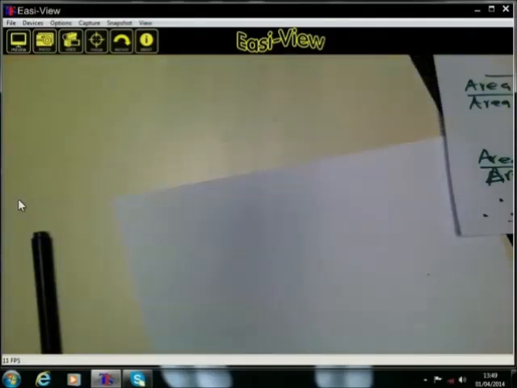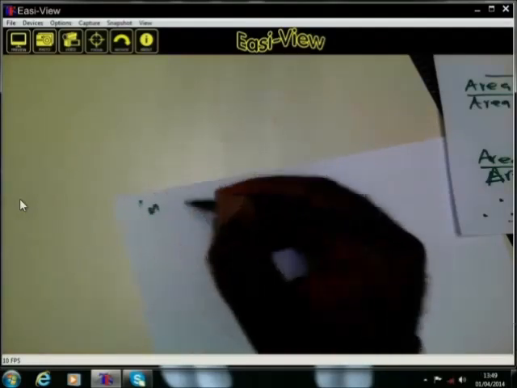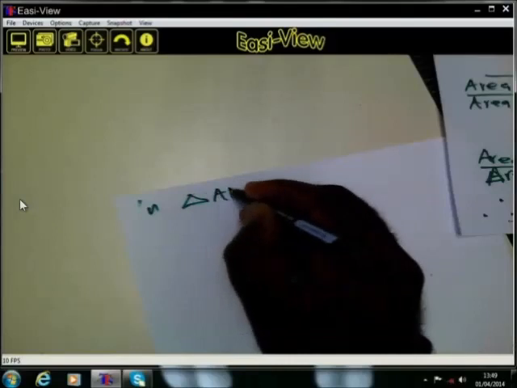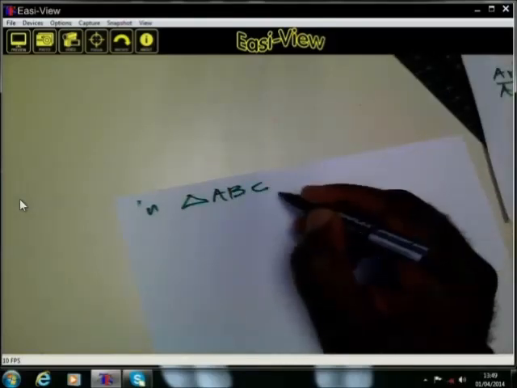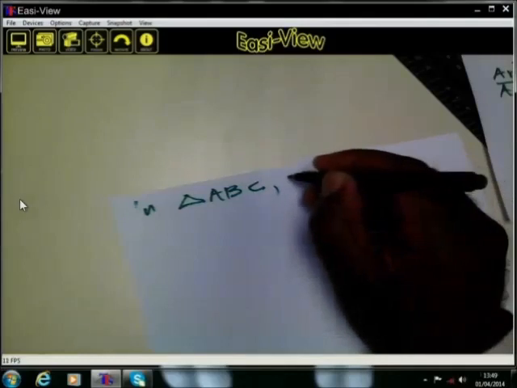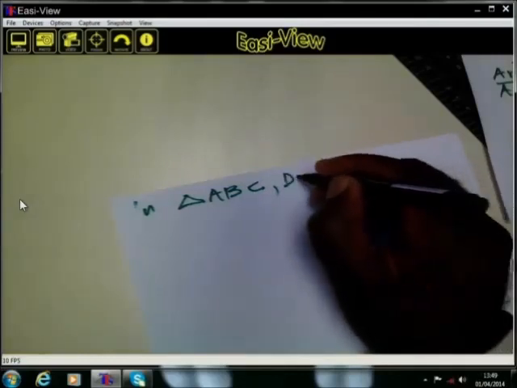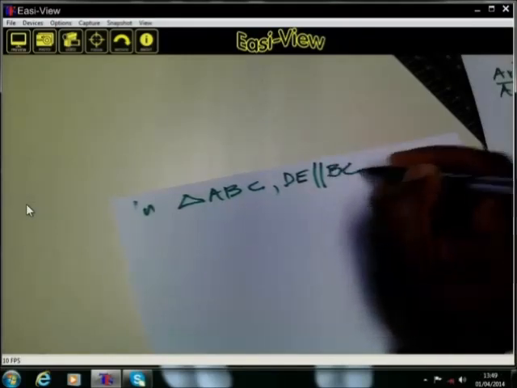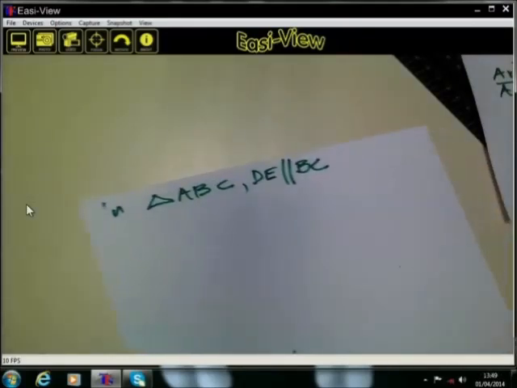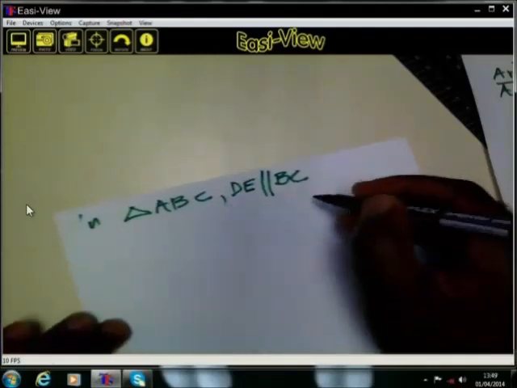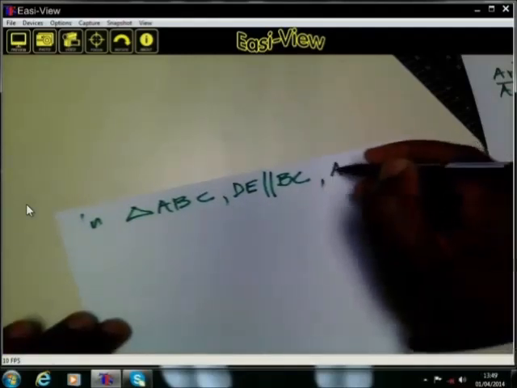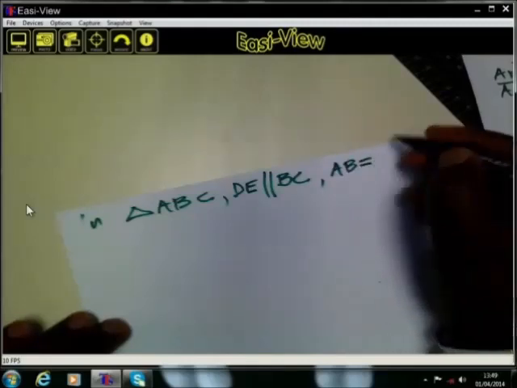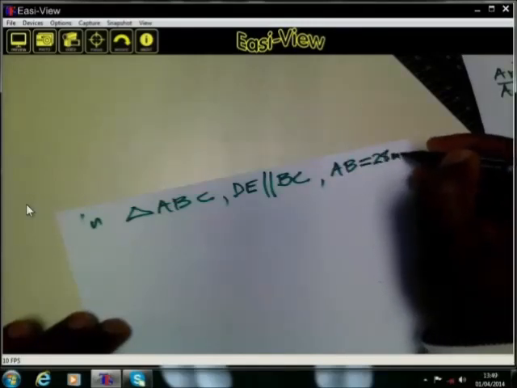Maybe I must quickly write it down. It says, in triangle ABC, you have line side DE, which is parallel to side BC. And in this case, we have side AB equal to 28 millimeters.